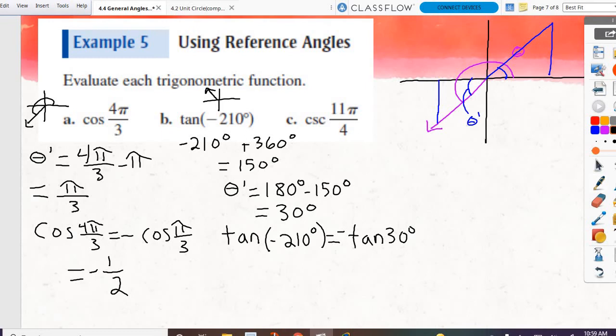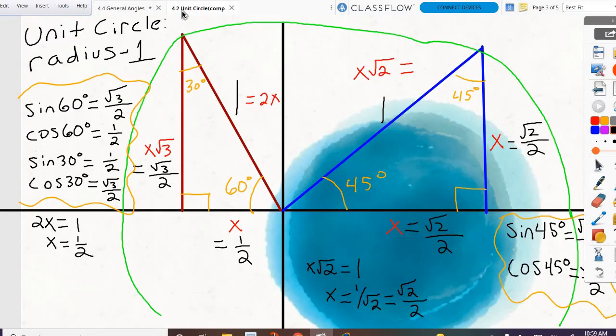Now, did we find tangent of 30 yesterday? For those of us that were here? No, we just found sine and cosine, right? However, once I have this triangle drawn, can I find all of my three functions? Yes, okay. So if I'm looking at 30 degrees, so that's my top angle for this red triangle, what would tangent be?